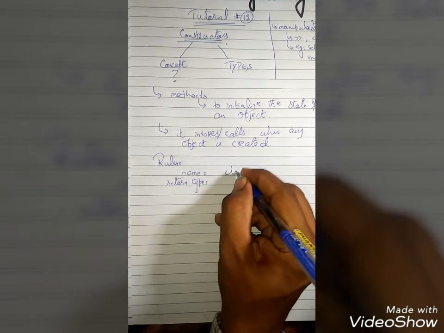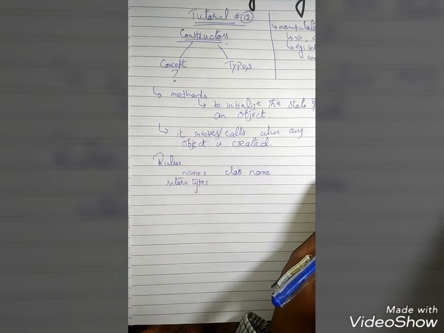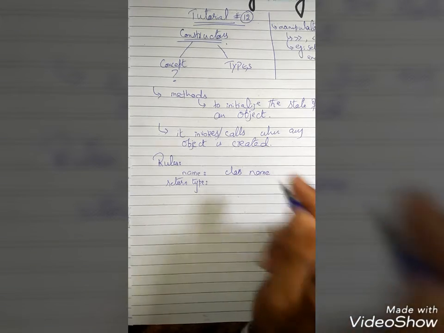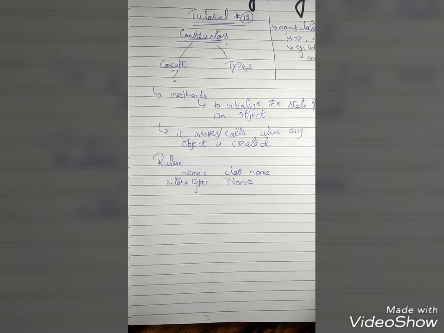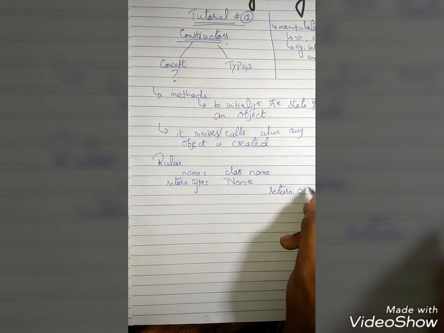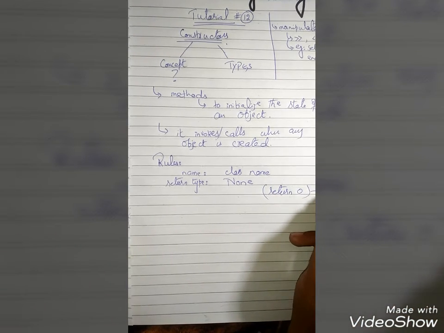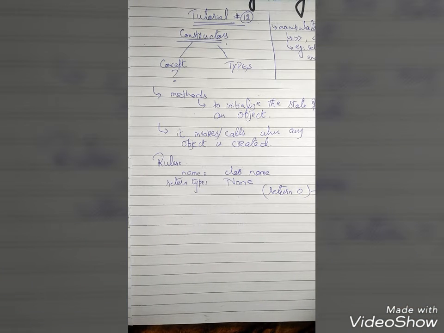The name of the function should be the name of the class, and there is no return type. No return type means we usually put return 0 or anything at the end of a function, but it is not allowed in the constructor function.